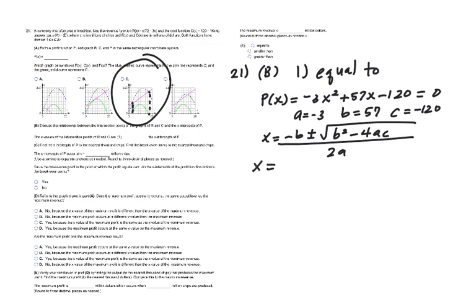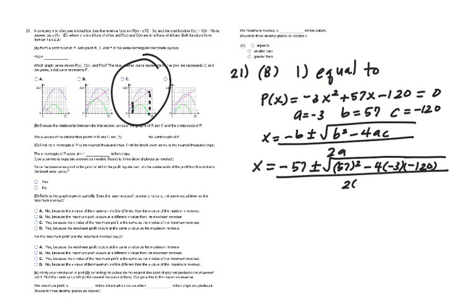So x equals negative 57 plus or minus the square root of 57 squared minus 4 times negative 3 times negative 120, all divided by 2 times negative 3.